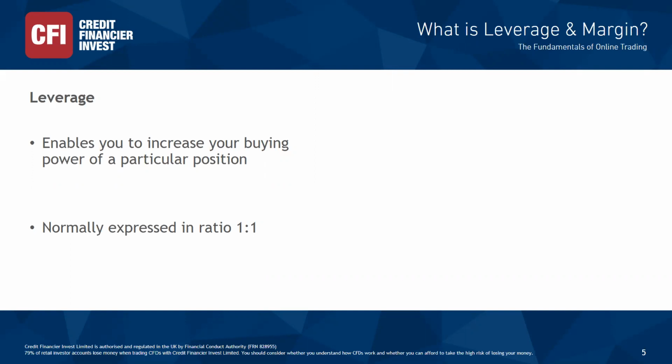Sometimes you might see that it is 1 to 30, 1 to 500, 1 to 50, 1 to 200, and so on. I will give you an example later on how you can find out how much money you need to put to trade that particular position, knowing your leverage already. But essentially, this is what leverage is.